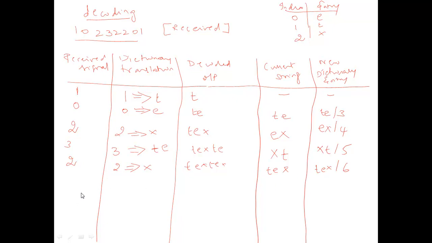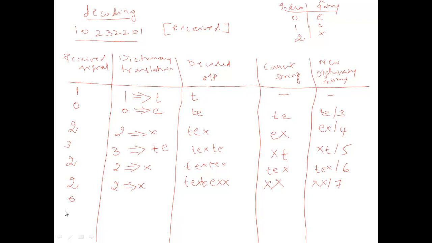Next again 2 is there. 2 again is nothing but X. So the decoded output is TEXT EXX now. Whatever is the previous dictionary translation, X, and the first letter of the current dictionary translation is X. So XX will come in the 7th position.